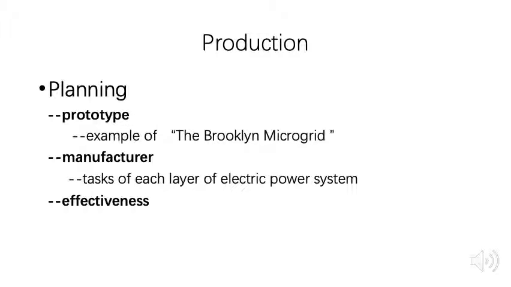The objective of this example is to implement a self-sufficient electrical power network, which can meet the electricity demand of thousands of people in Brooklyn. In the microgrid, it has its own source of electrical power, which is independent of the main grid. So that means it is also an application of distributed management, and this application shows the benefits of distributed management.